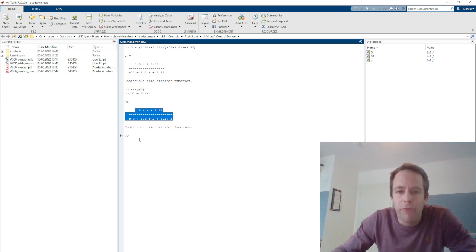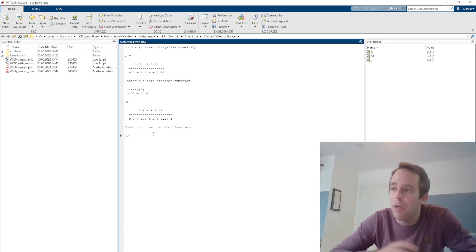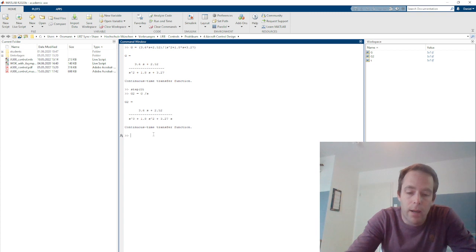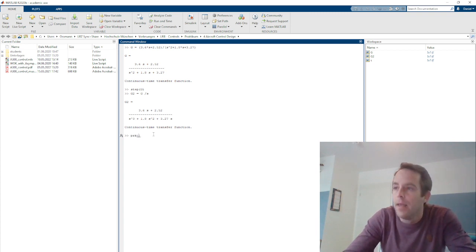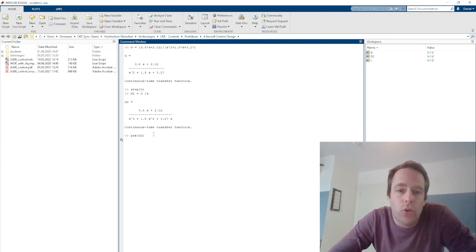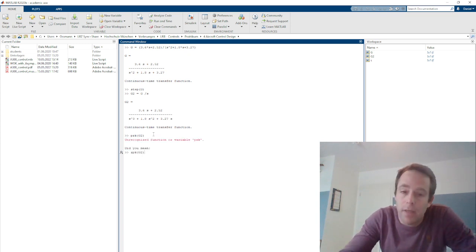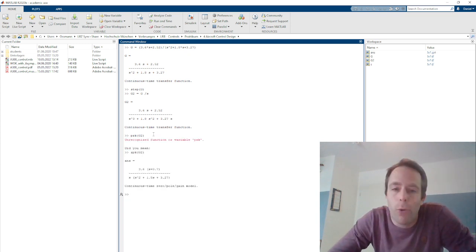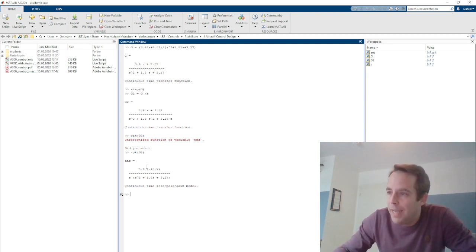It looks a little bit different because Matlab directly multiplies that s into the denominator, but you could, for example, say zero-pole-gain of this G2, and Matlab converts it to the zero-pole-gain form. And now you see it looks a little bit closer to what we have.